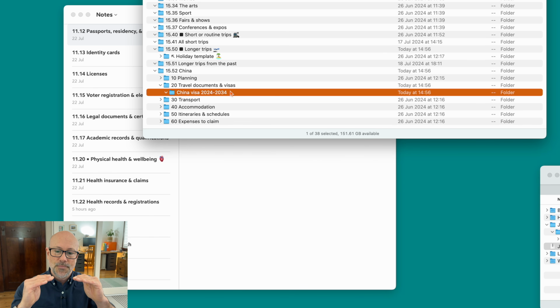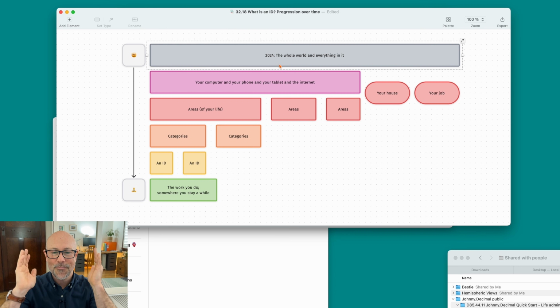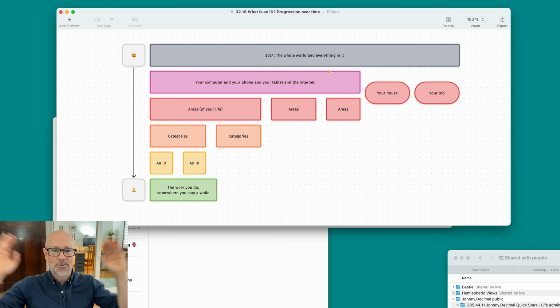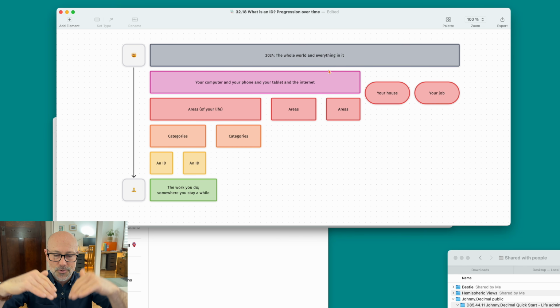And still, if this folder contains dozens of things, neatly organized with subfolders, think about getting from the chaos of the whole world and everything in it through your system and understanding where it is you need to be so that your mind can settle in updating, getting, organizing, catching up on China's 10-year visa for 2024 through 2034.